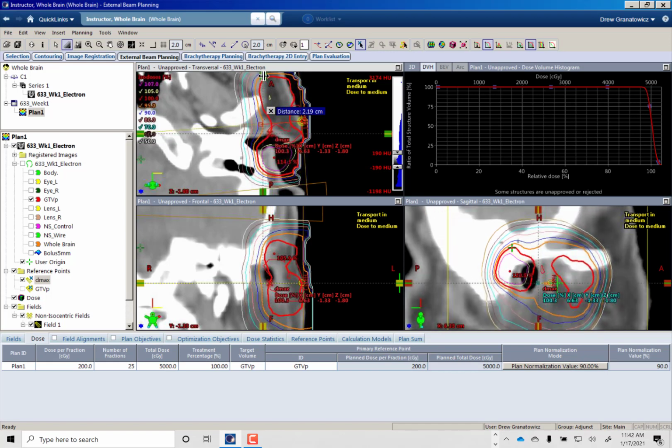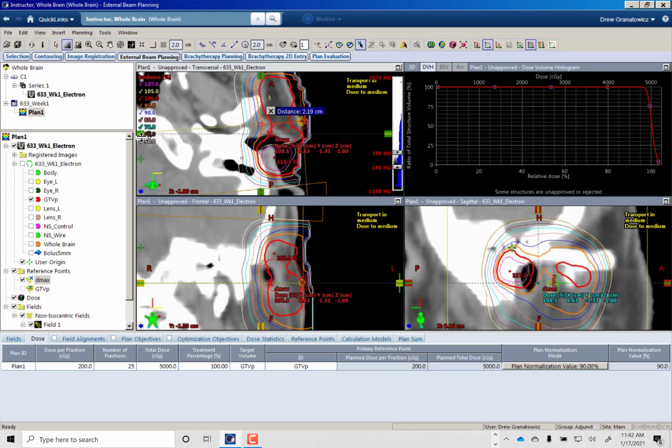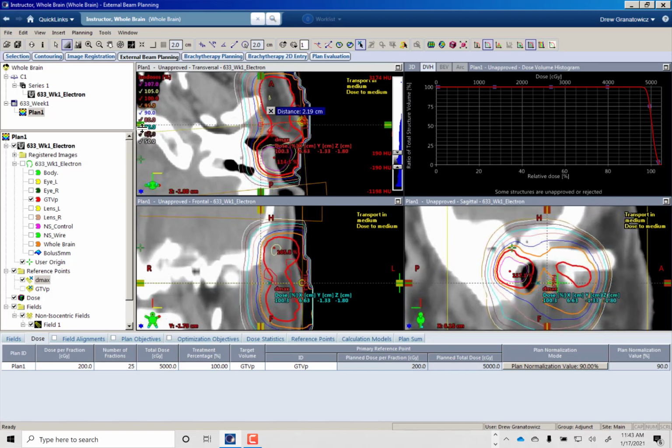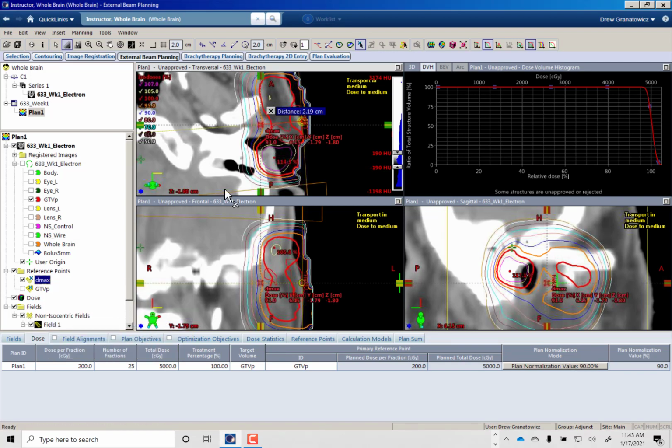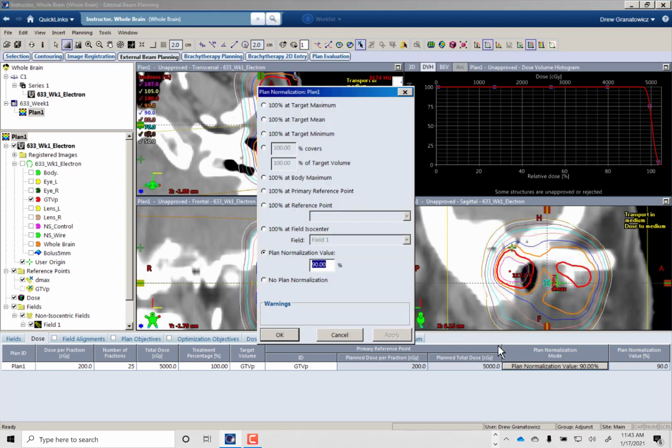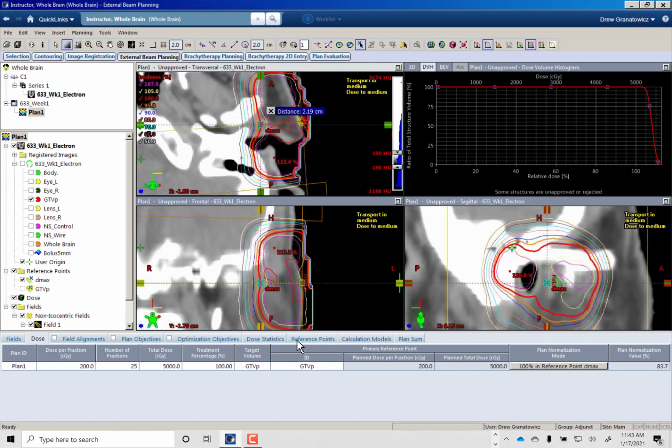I think the easiest way to do that is I'm going to move my viewing planes to that location. I'm going to right click on my point, move reference point to viewing plane intersection. Okay, so now we have a point at Dmax underneath our isocenter, and now I can normalize to that reference point.